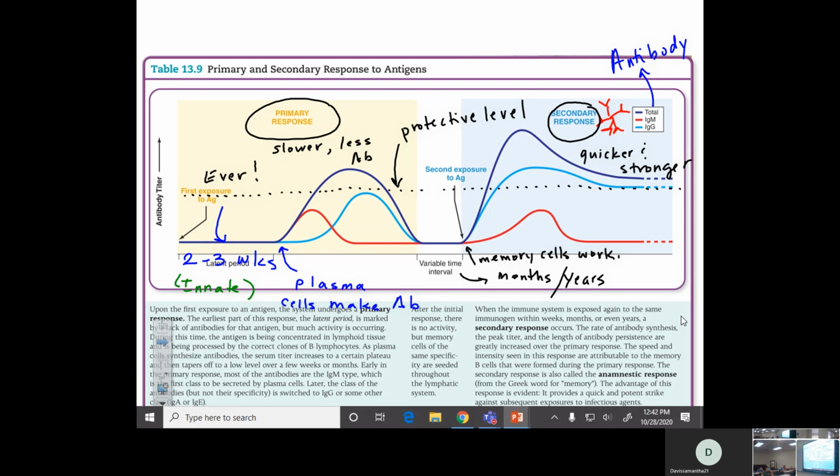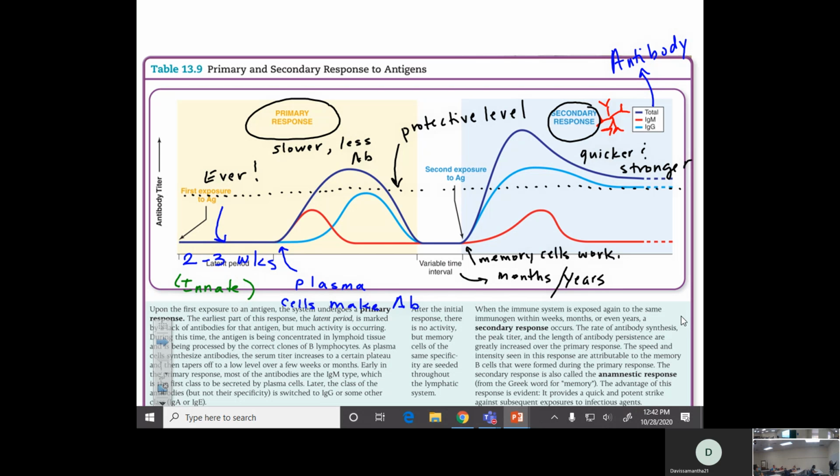We could draw it together right now. So, antibody titer and time. Do you need the specific latent period and variable time? I don't so much care about the variable time, but you have to have it drawn in there. You need to start as if you have no antibodies.